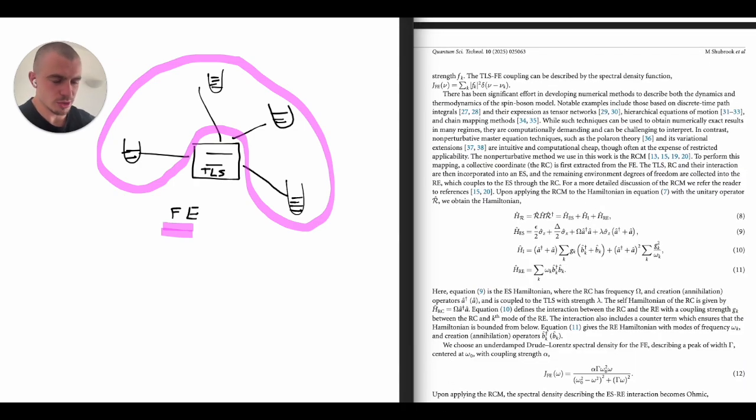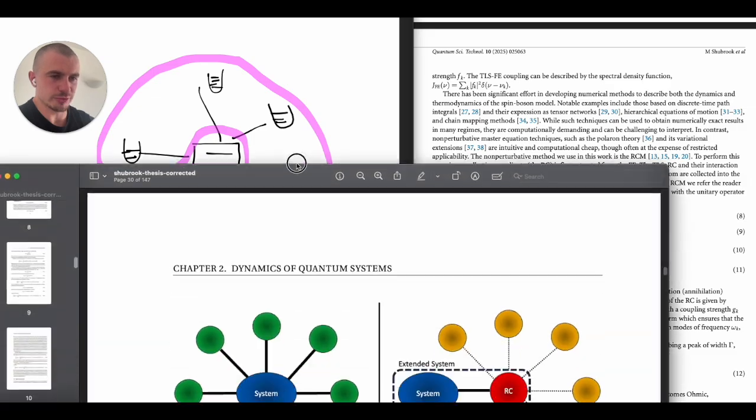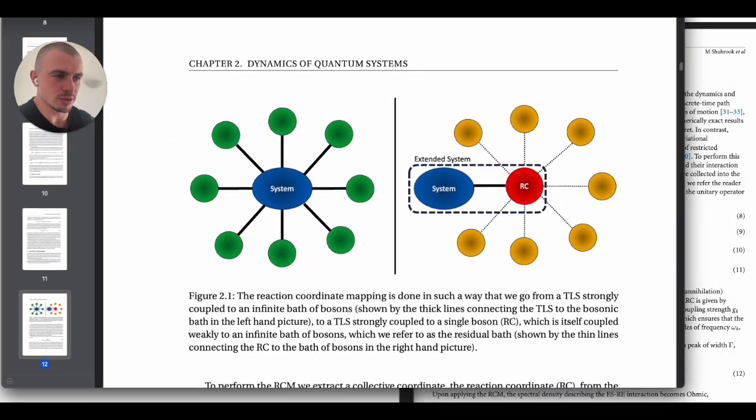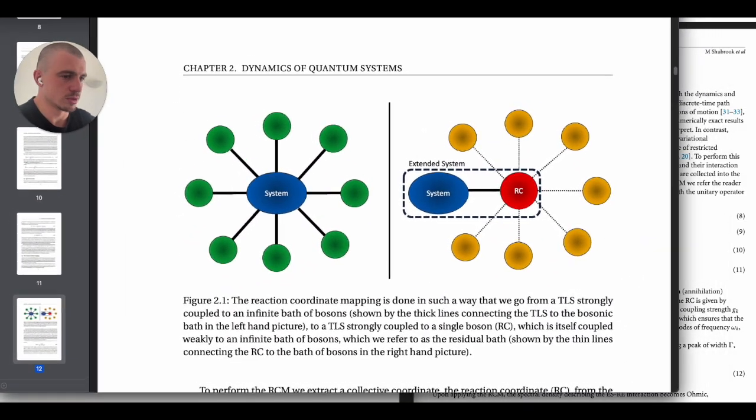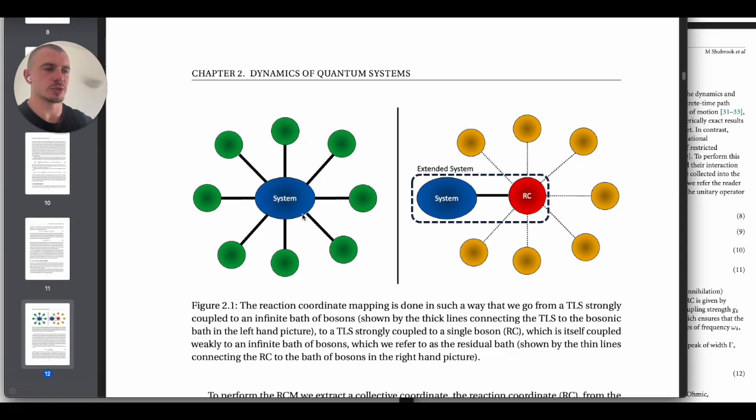The reason that we're going to call it the full environment is because we're about to perform something called the reaction coordinate mapping on this composite system. So let's have a look at this picture from my PhD thesis, which is a pictorial representation of the reaction coordinate mapping. On the left, we start with our open system, which in our case is a two-level system, in blue here.